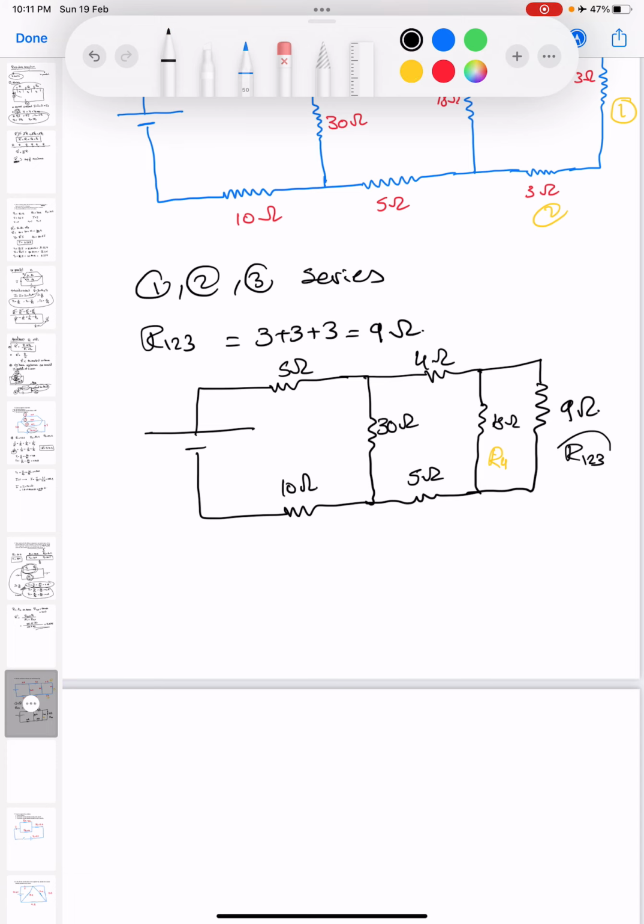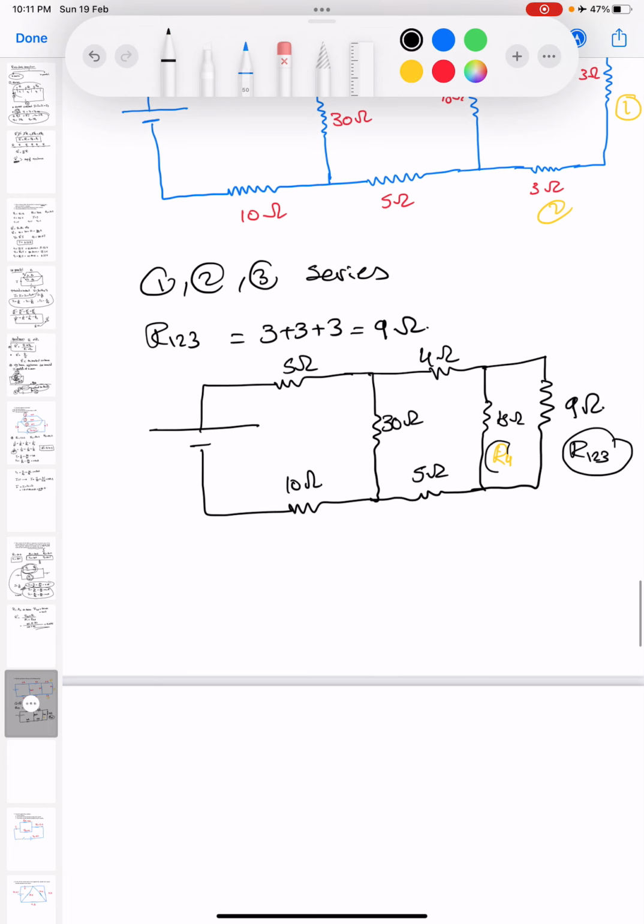R1,2,3 and R4 are in parallel. So R dash 1,2,3,4 equals 8 times 18 divide by 8 plus 18 equals 6 ohm.